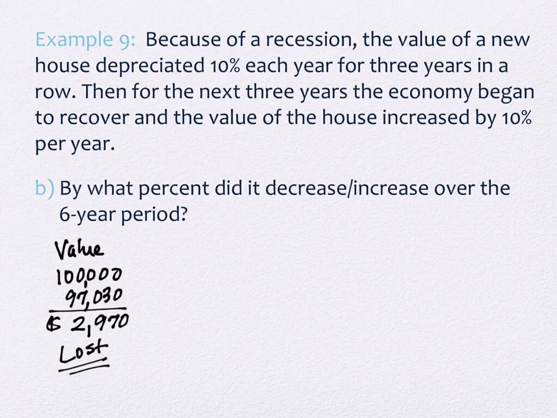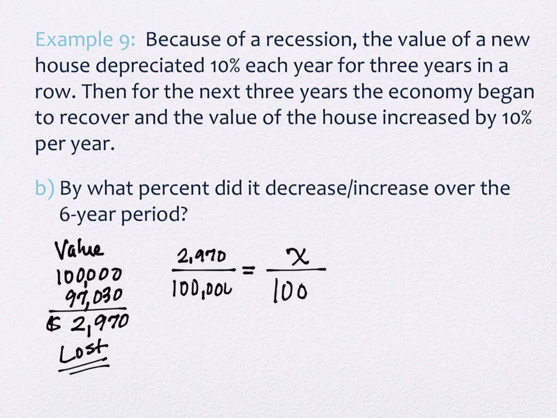And we can do a proportion like we were doing earlier when we did this on Monday. We're wanting to know what percent it went down. Well, we know what value it went down. It went down $2,970 on an originally $100,000 house.